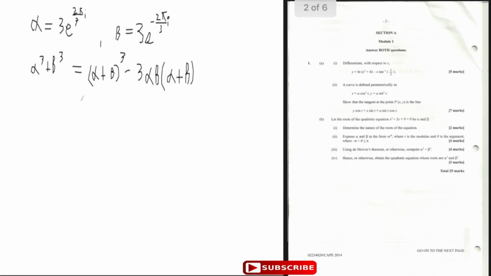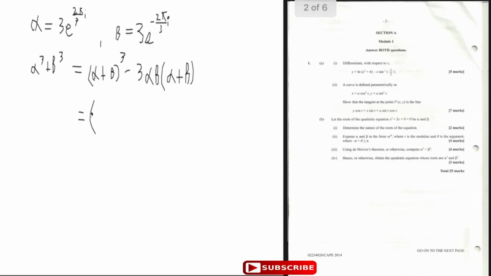So alpha cube plus beta cube is going to be alpha plus beta all cube. And first and foremost, I don't even need to use these values, right?